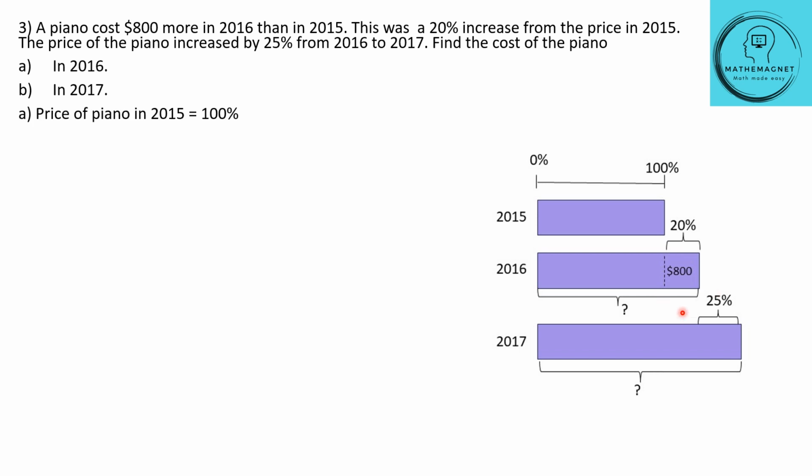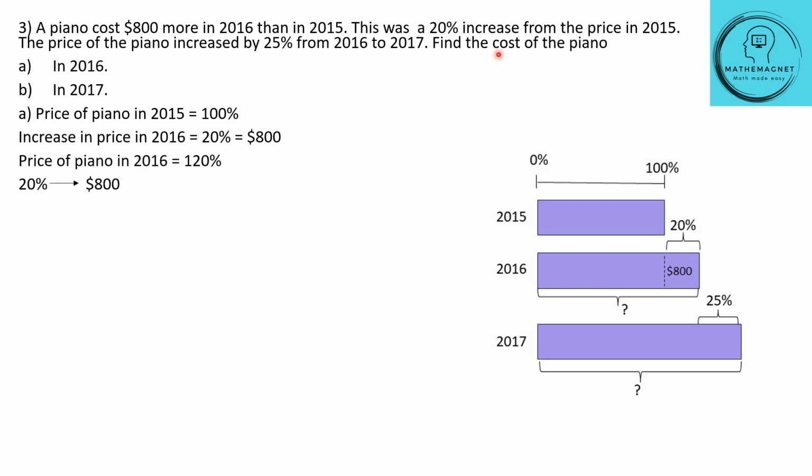First we know that we are comparing 2016 with 2015. So the base value will be 2015. So the price of the piano in 2015 will be your 100%. Increase in price in 2016 is 20%, which is equal to $800. Now $800 is 20%.